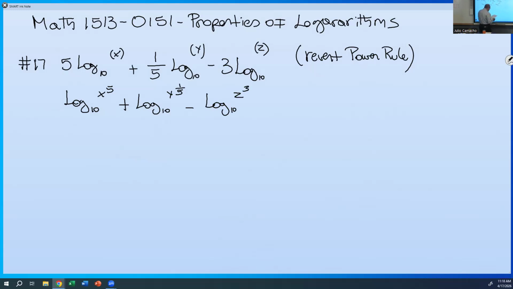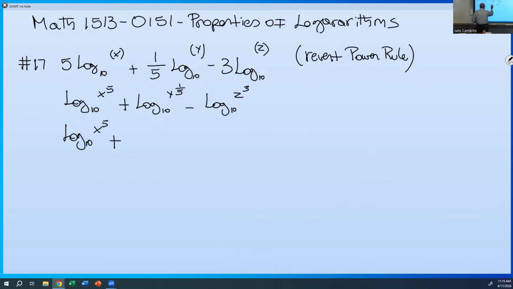What do we do next, after we have done all this work? Well, we need to put this together. If you want to, you can convert the second one. We have the log 10 of x to the 5th power.